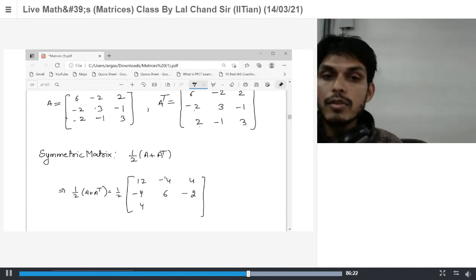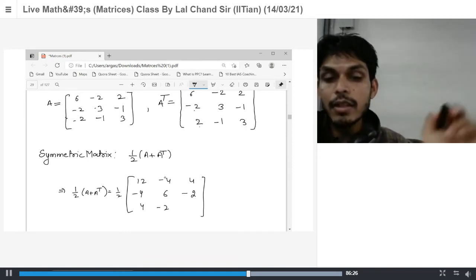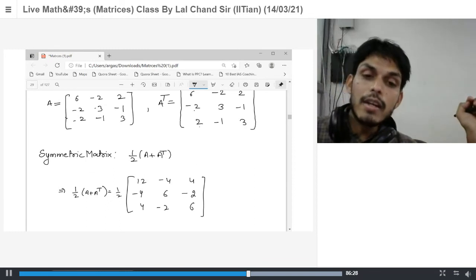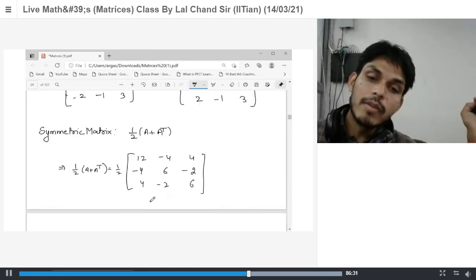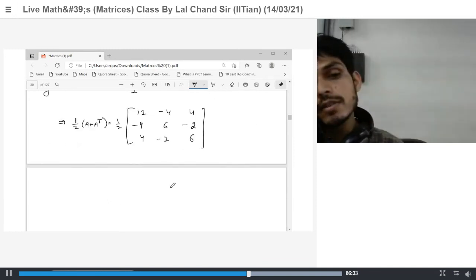Here I have 4, minus 2 and 6. Okay. So if I take half of this matrix, then what will be the value of A plus A transpose half?